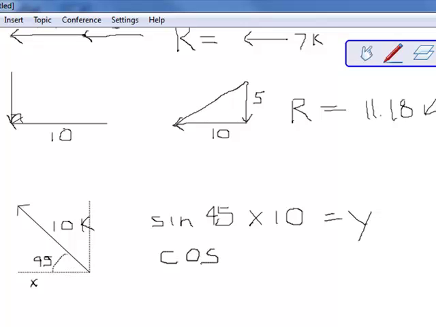Or did I get that backwards again? 45. I feel like a first grader writing. Okay. Times 10 equals x. So that's how you do that. And you need to remember these formulas and get good at them because you're going to use them a lot in the truss analysis that we'll be starting next week.